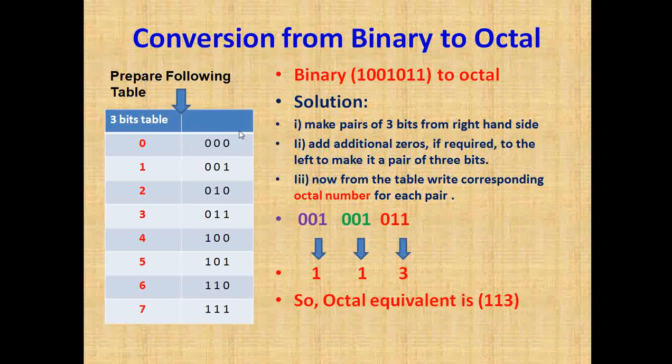Because we have 8 digits in octal, what is half of 8? 4. So first we will write 4 zeros, and then 4 ones. Next, what is half of 4? 2. So we will write 2 zeros, then 2 ones, 2 zeros, then 2 ones.